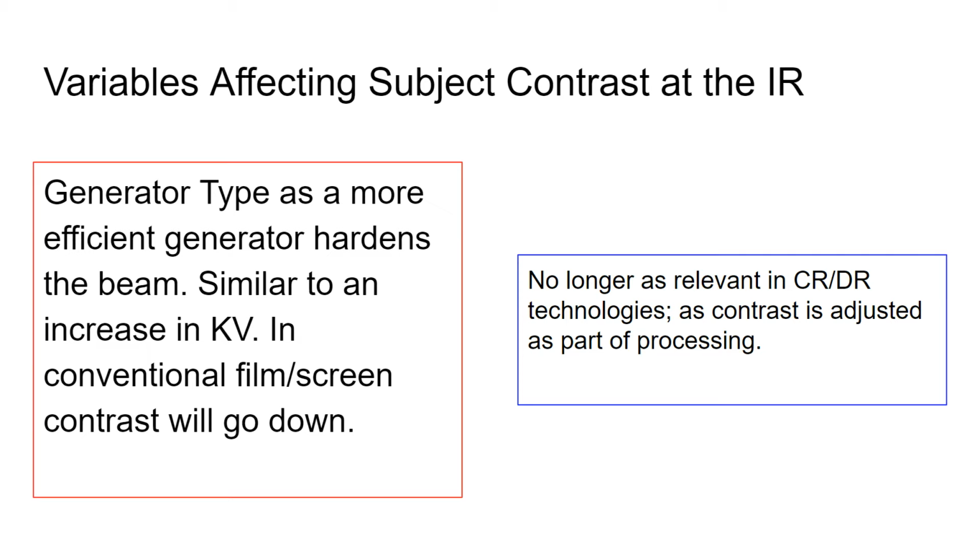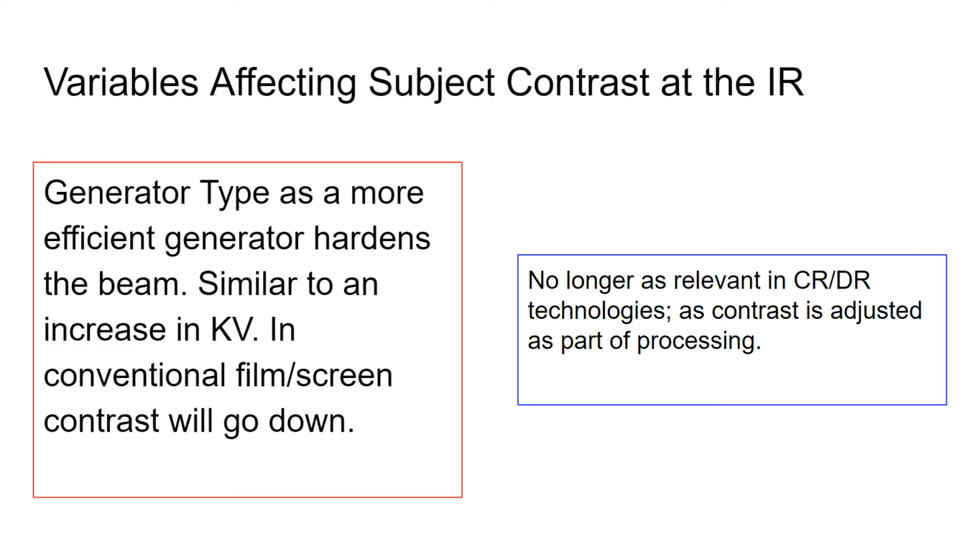It's just that when you go to a more efficient generator, instead of maybe 1/3 of the photons being at the level of the kV you actually set, you have a much higher percentage.